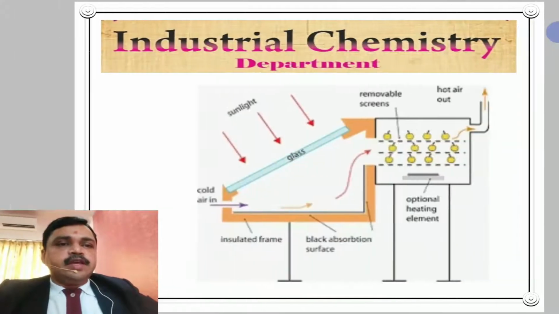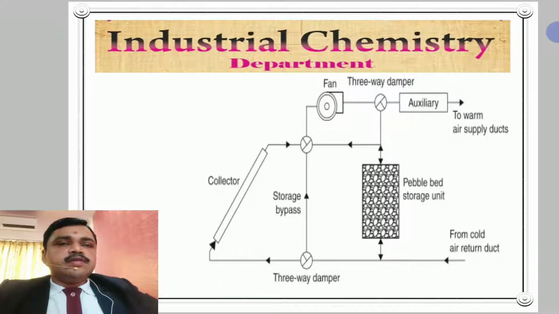Now we see the forced circulation dryer, direct gain and indirect gain. For large scale drying, the passive device of a cabinet dryer relying on natural circulation is replaced by an active device with forced circulation, as shown in the figure.